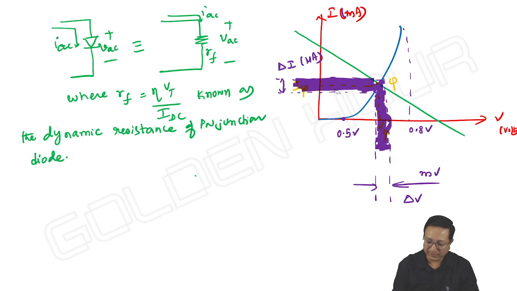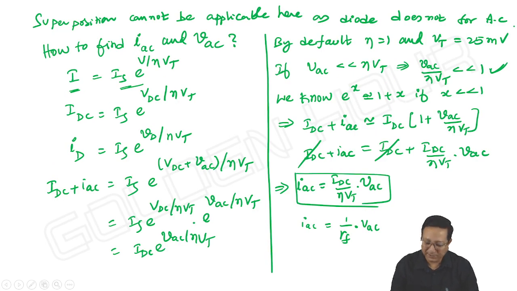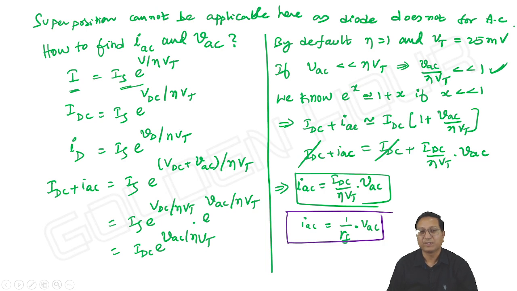I'm erasing it. It's not looking so good. Within that elemental portion, it looks like a straight line. And what is the slope of that straight line? A linear relation we can write between current and voltage of the AC.